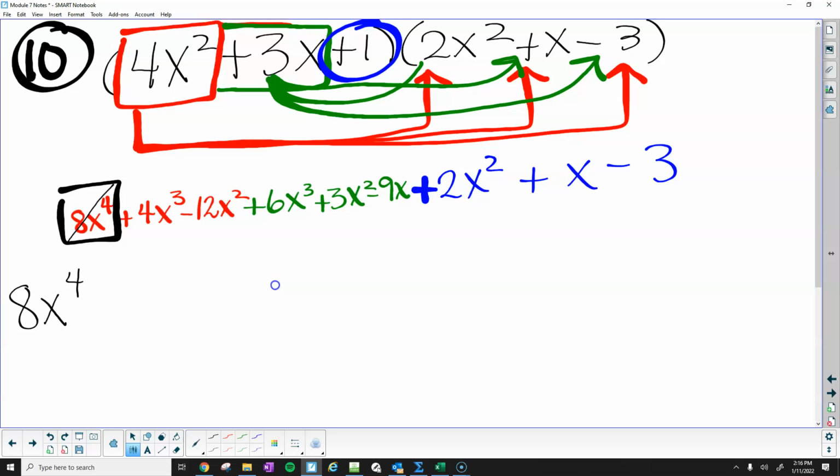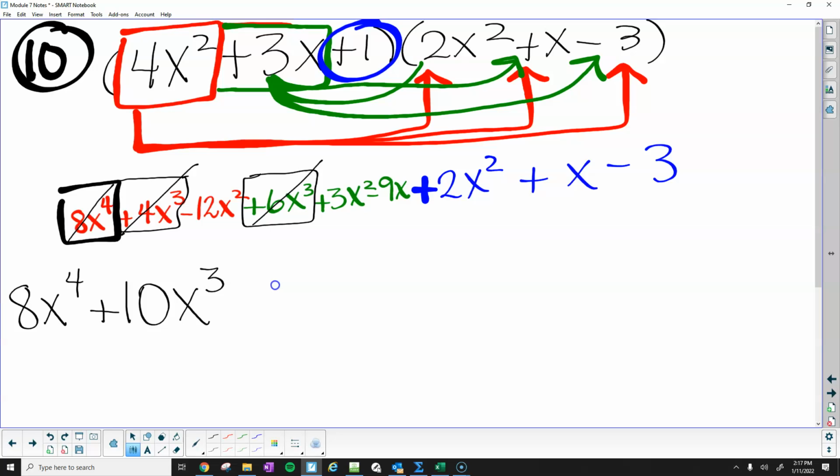Now we're looking at the exponent of a 3. So there is a 3. Here's a 3. Make sure you circle the sign in front of it. Those are the only cubic terms up there. So just add 4 plus 6. So write plus 10x to the third. Draw a line through it because we're done with those. Now we're going to look at our quadratic terms.